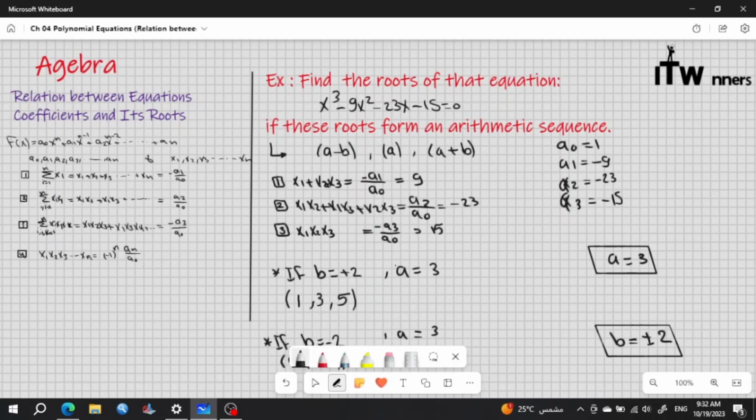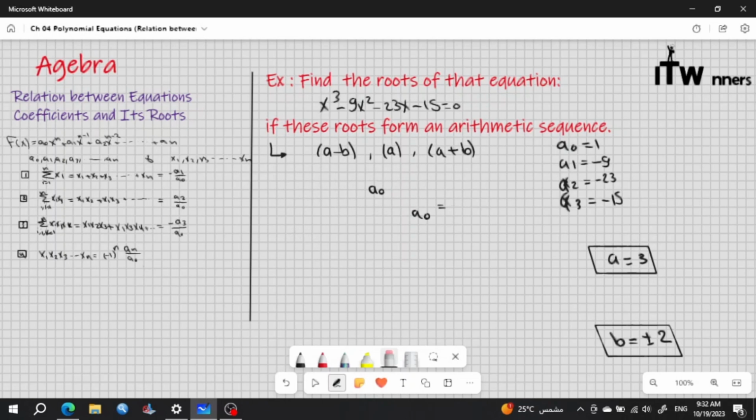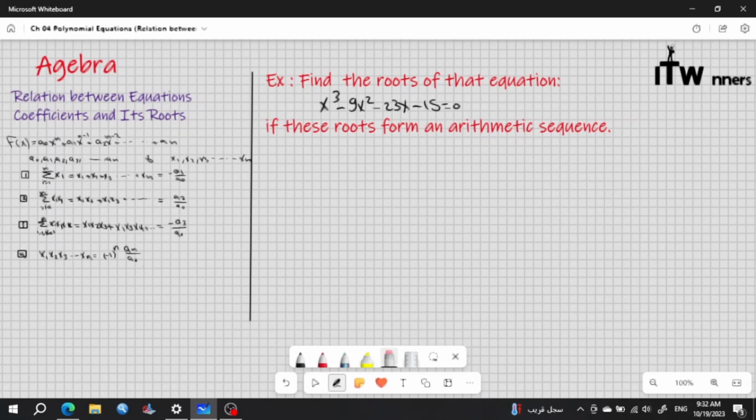Okay? And now let's find the roots of the next equation.